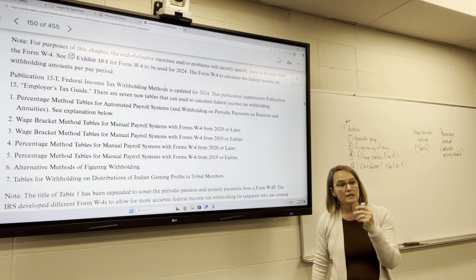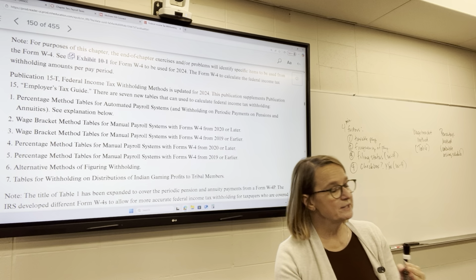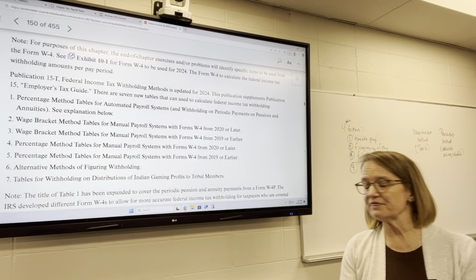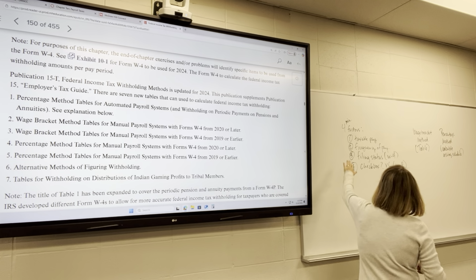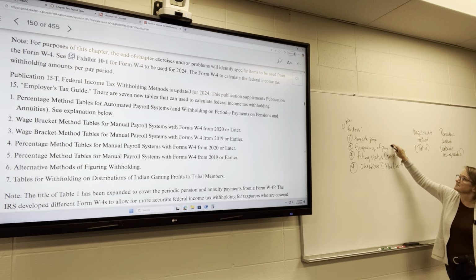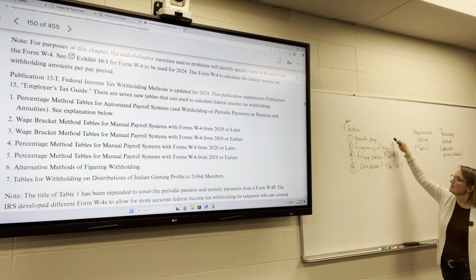If you recall, starting in 2020, our W-4 changed. We had some different factors that were used. Well, these 2 factors were different, these were the same. We still use taxable pay and frequency of pay. We still needed to know that.